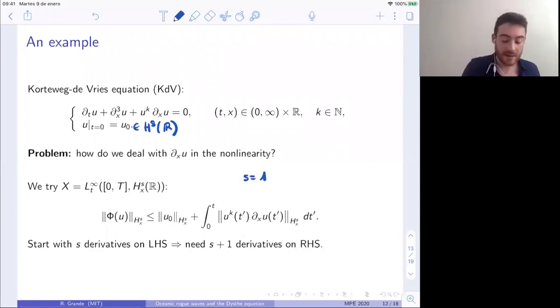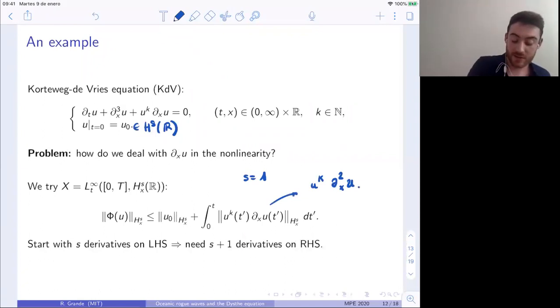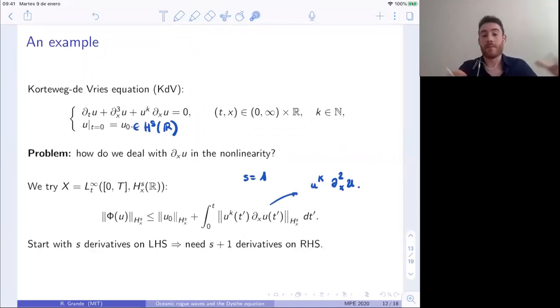The worst term in this nonlinear term is when all the derivatives hit the same u. And then to control one derivative of the left-hand side, I need 2 derivatives on the right-hand side. So there's no way that I'm going to be able to close this contraction mapping in this sort of space. This phenomenon is known as loss of derivatives.